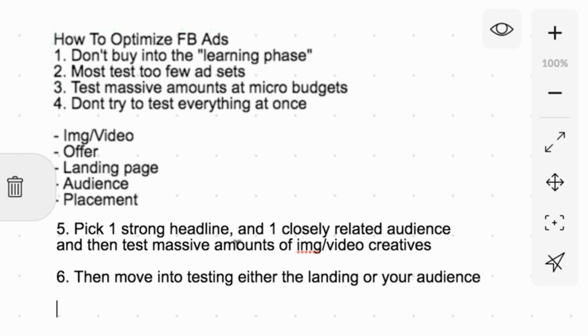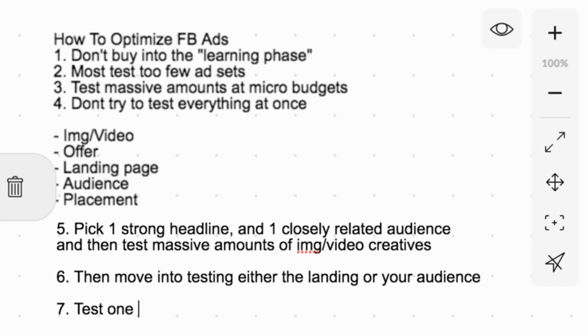Let's say you identified an image that's really good. Then you could make 9 or 10 different headline variations on your landing page, or test some completely different landing pages, or you could go into testing different interests or different lookalike audiences. Pick one or the other, right?